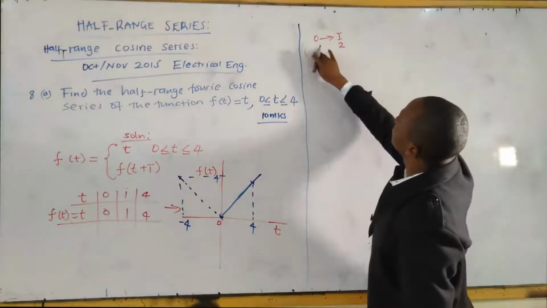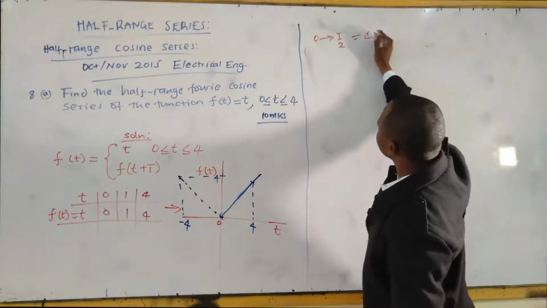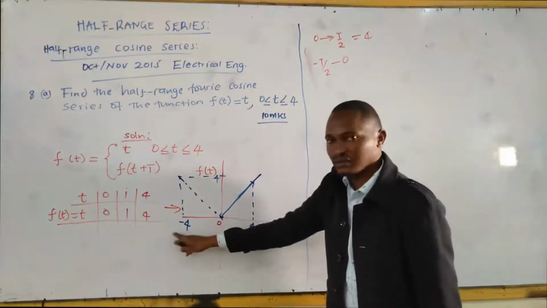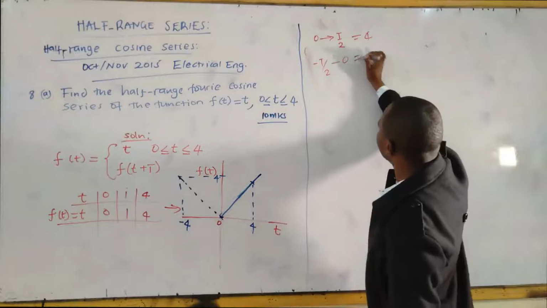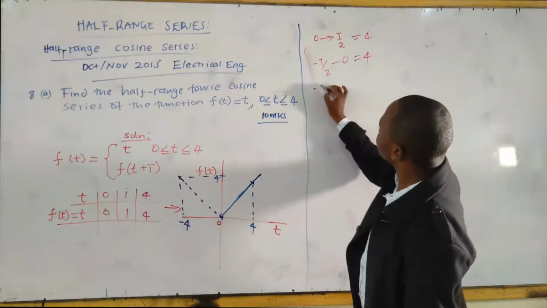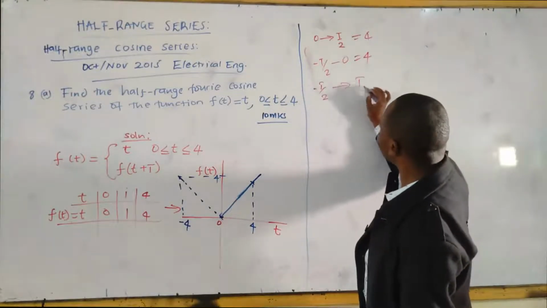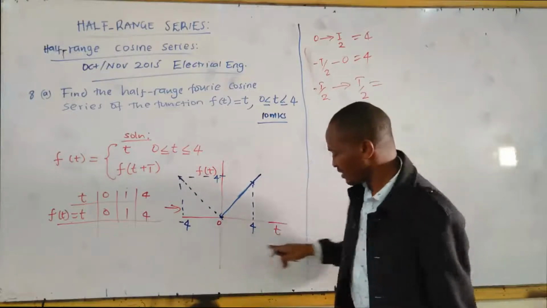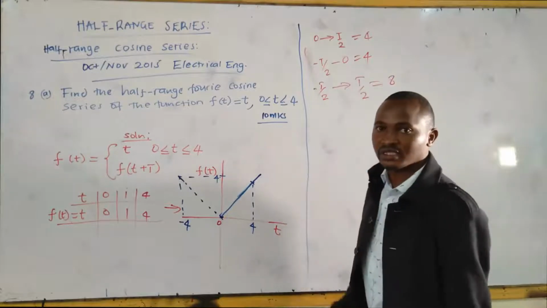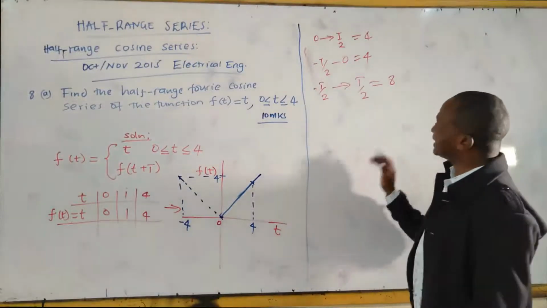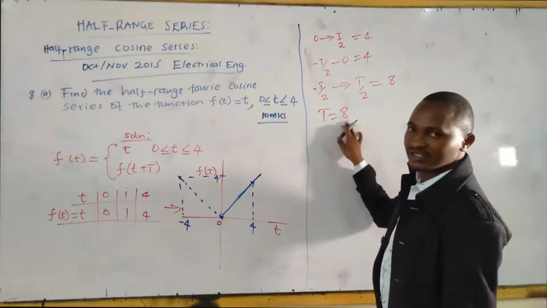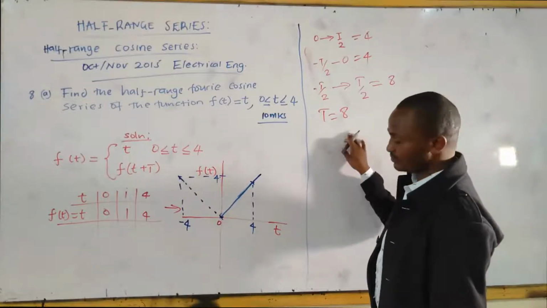So from 0 to T over 2 this is 4, and from negative T over 2 to 0, this is 4 again, seconds or milliseconds. From negative T over 2 to positive T over 2, it is 8 units. So we can see T is equal to 8, in whichever unit of time is being used here.